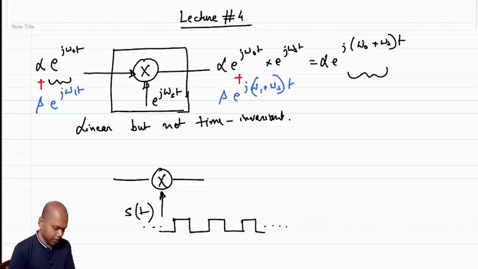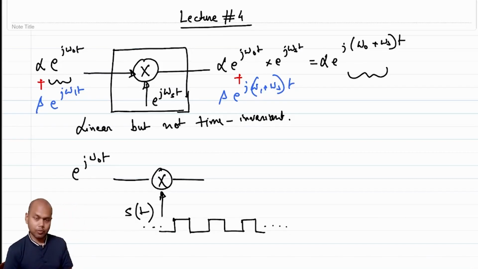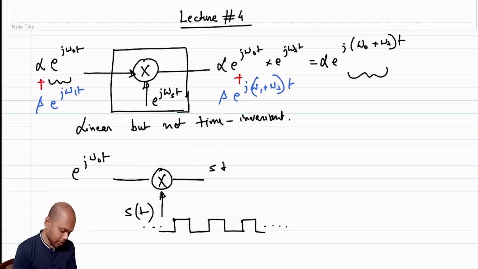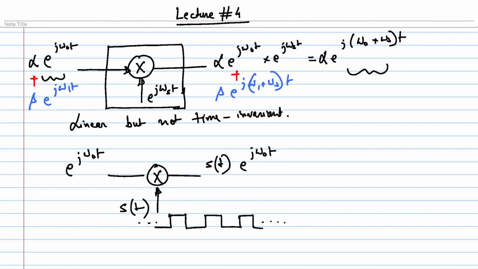Like before, we call it s of t. Your input is, let's say, e to the power j omega naught t. So what is the output? The output is naturally s of t times e to the power j omega naught t.